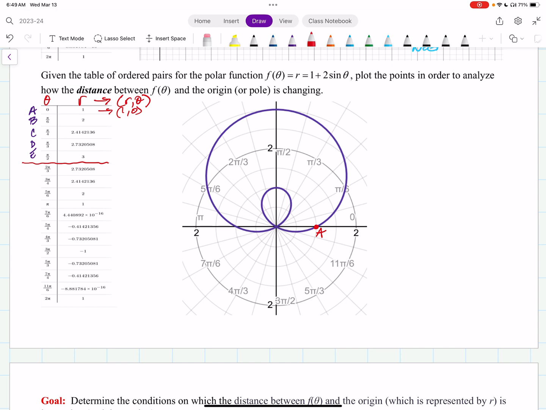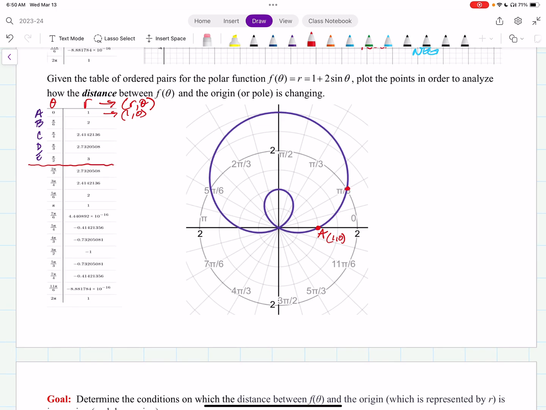So 1 comma 0 is at point A. B is 2 comma pi 6. So this is point B. And then the third one here, C. I'm just using red on the graph here just so you can see it better, guys.